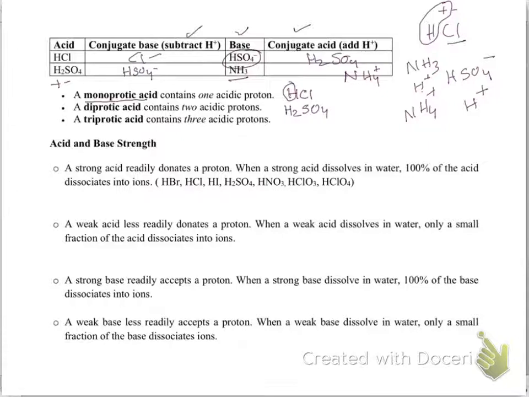How many hydrogens do you see here? 2. This is a diprotic acid, means it has two acidic protons. It's very important that you're saying 2 acidic protons because not all the hydrogens can be donated.